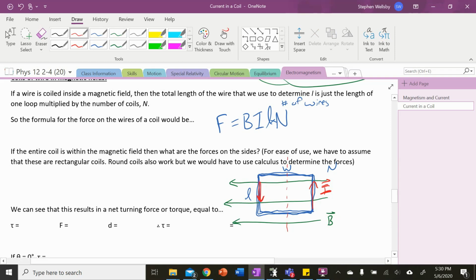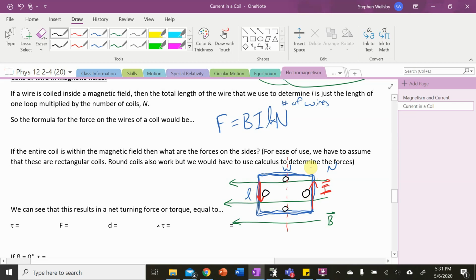And what I want you to think about is what direction the forces are going to be on this point here. So for force, let's use black. What direction would the force be on this wire here, on this wire here, and on this wire here, if any? So at this point, I'd like you to pause the video and think about using the right-hand rule. Ignore everything else.